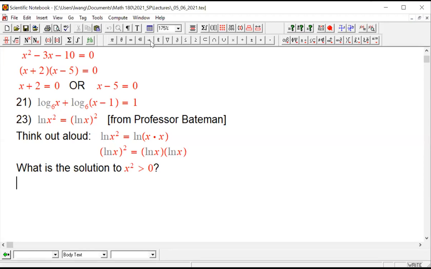Do you mean 0 is a solution too? Apparently not, right? All positive numbers? All positive numbers. But what if I give you x equals -1? Will that make it true as well? So the first answer is all real numbers.